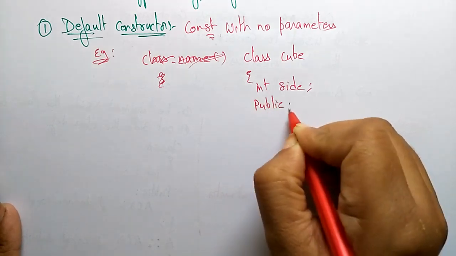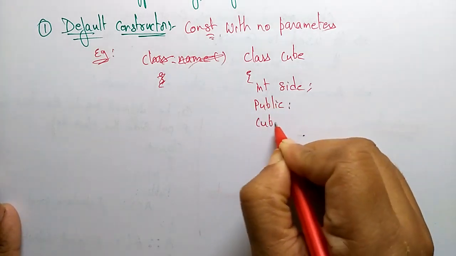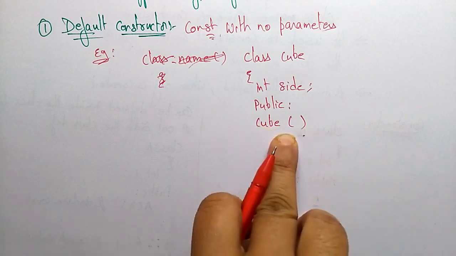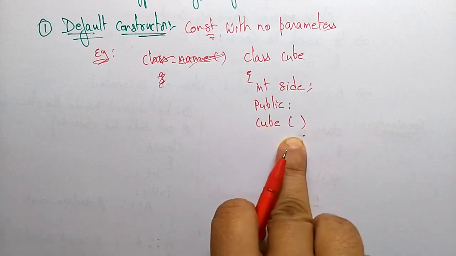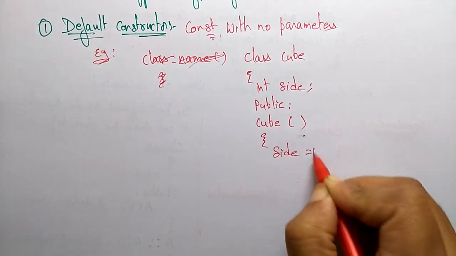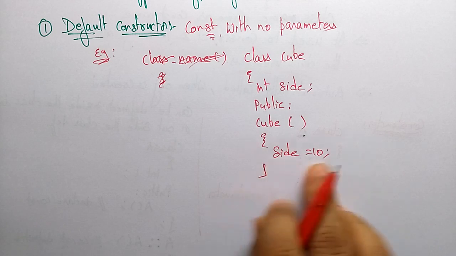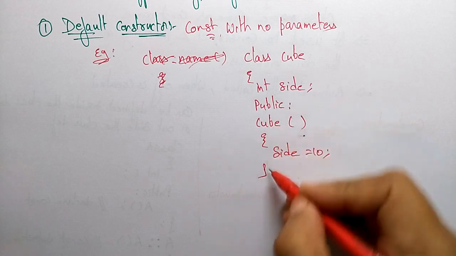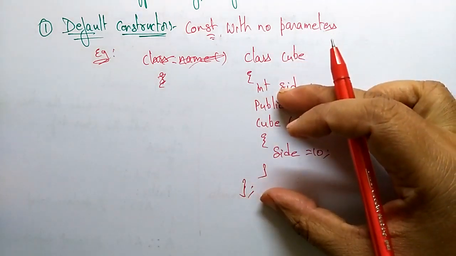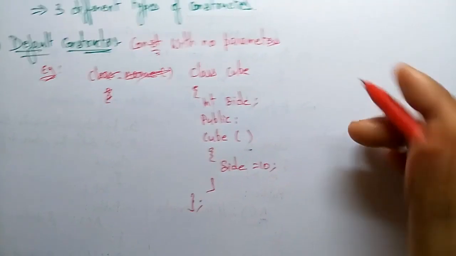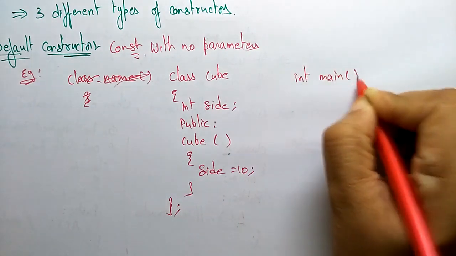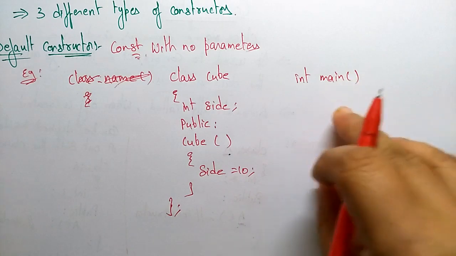Now I am declaring the constructor, that is cube, with no parameters. Inside the constructor I am writing the value side is equal to 10. Close the constructor and close the class. So this is the class. Now call the main function: int main.